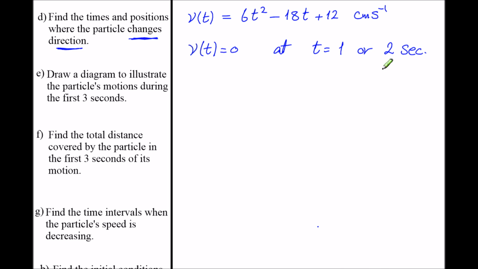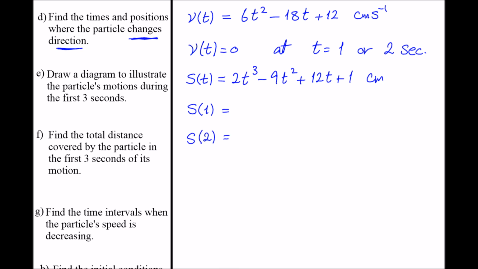These are the times where the object changes direction, but where is the position at that time? To find this, we need to find s of 1 and s of 2. If you substitute 1 into s of t, you should get 6 centimeters.